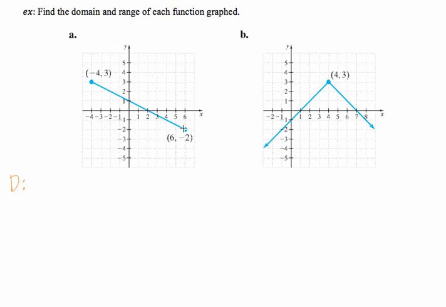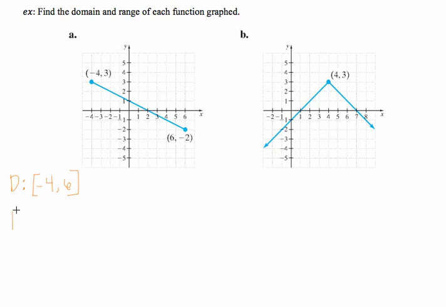So we're including -4 because when x is -4, y is defined as 3. And when x is 6, y is defined as -2. So we include those. In interval notation, it goes from -4 up to 6, and I'm including the endpoints, so I'm using brackets.